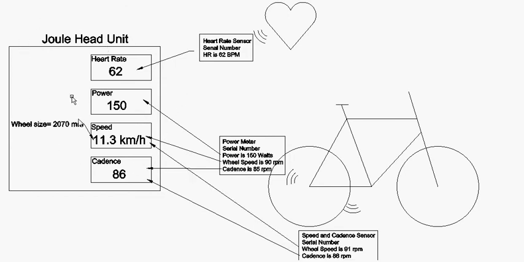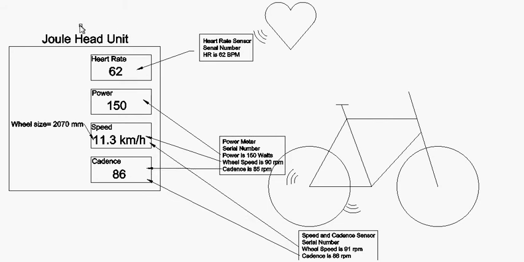The data that it will display depends on the head unit. It's going to give priority to either the power meter or the speed and cadence sensor. And I think most of them, this is just hard-coded into the head unit. I don't think you can program manually which device it gives priority to.